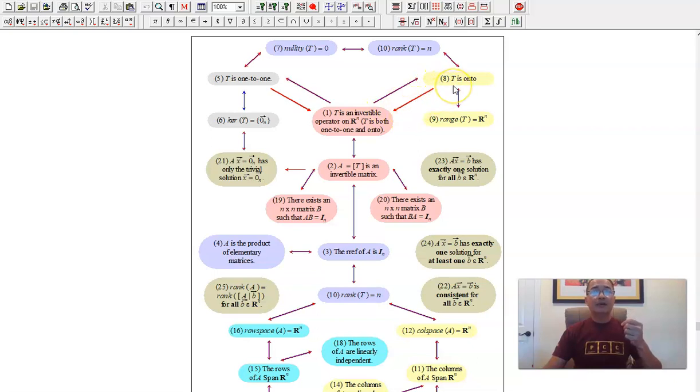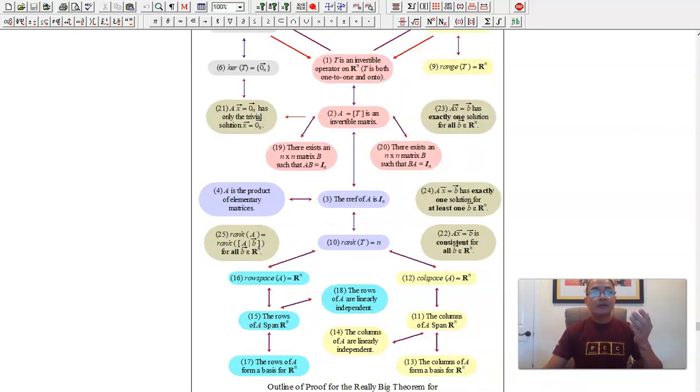So T being onto is the same as having the rank of T be n. So full disclosure, I repeated number 10 down here, okay? Because the rank has to do with the dimension of the column space and the dimension of the row space, okay? We just mentioned that they're exactly the same, okay?